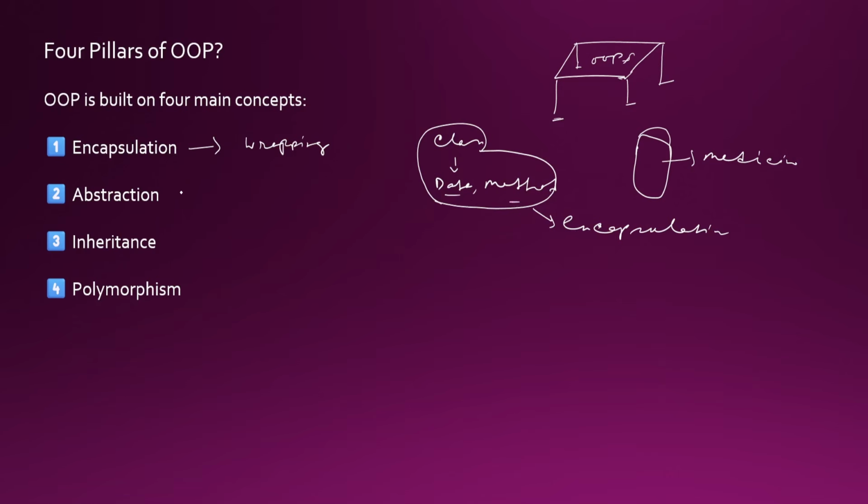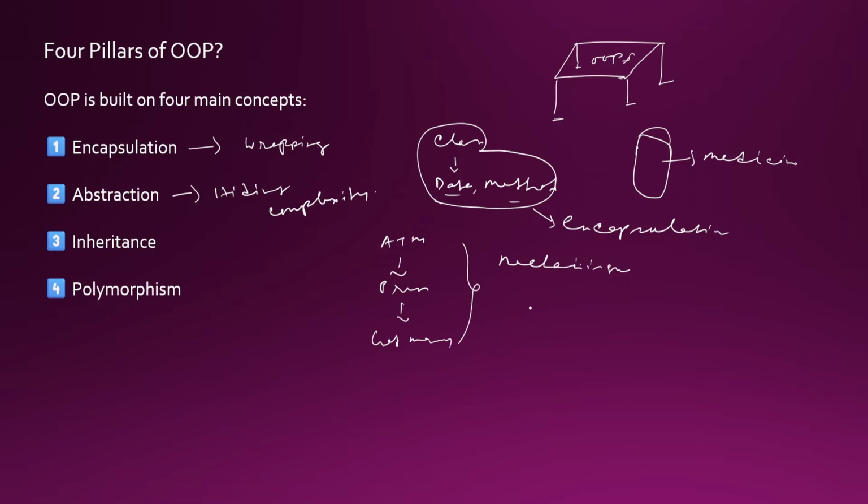Okay, next is abstraction. Abstraction means hiding complexity. Okay, now for example, you know ATM machine, right? So there is software that is installed behind this machine, right? So in ATM, what happens? You press the button and you get the money. Right? But in this entire scenario, in the backend, there is a huge mechanism that is performing behind it, right?